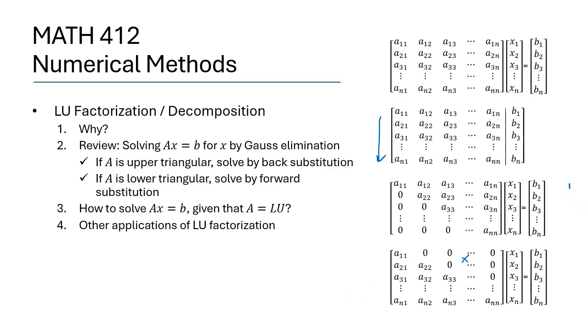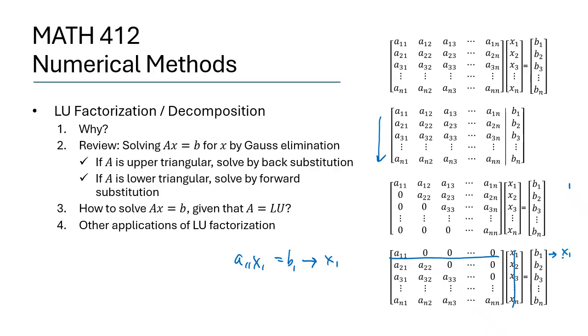So in this case, how to solve such a system? As you can tell, we will solve it by forward substitution. You do the multiplication, you have a sub 11 x1 is b sub 1. Solving this, we can easily get x sub 1.